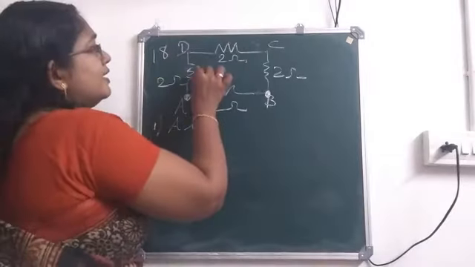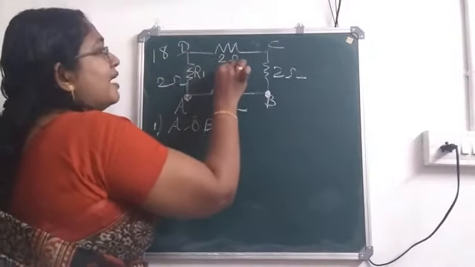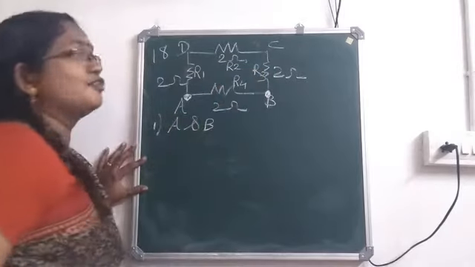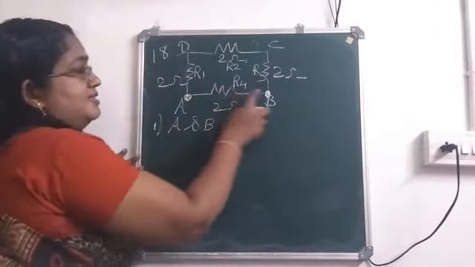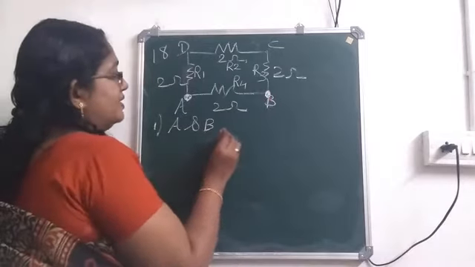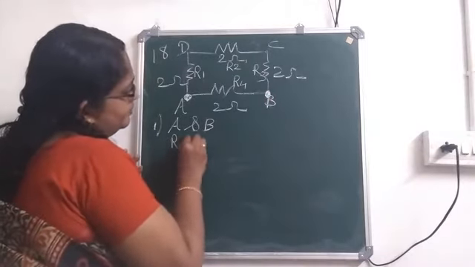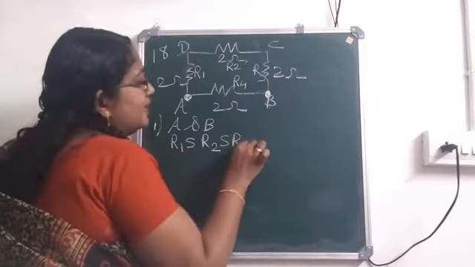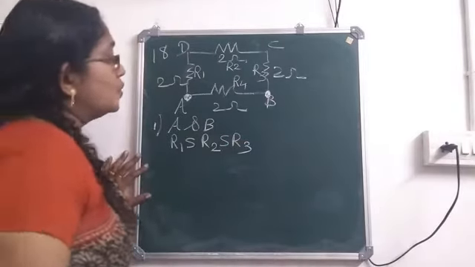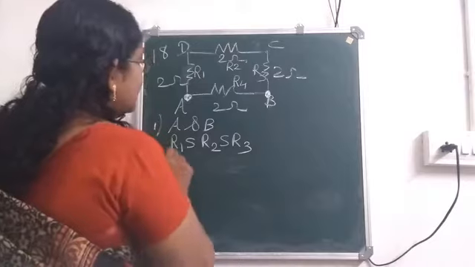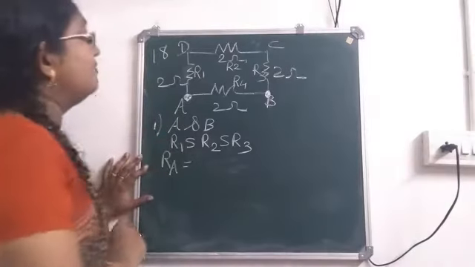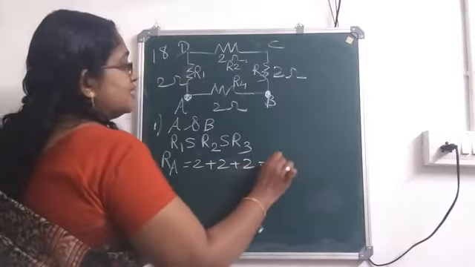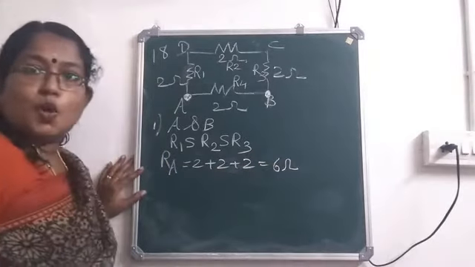So here also let this be R1, R2, R3 and R4. In this case, since A and B are the end points, R1 is in series with R2 in series with R3. So what will be the resistance there? RA will be equal to 2 plus 2 plus 2, which is equal to 6 ohm.